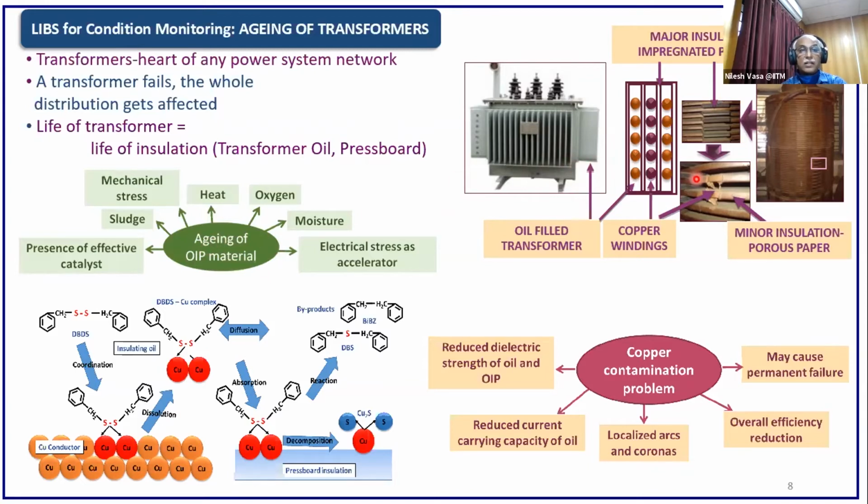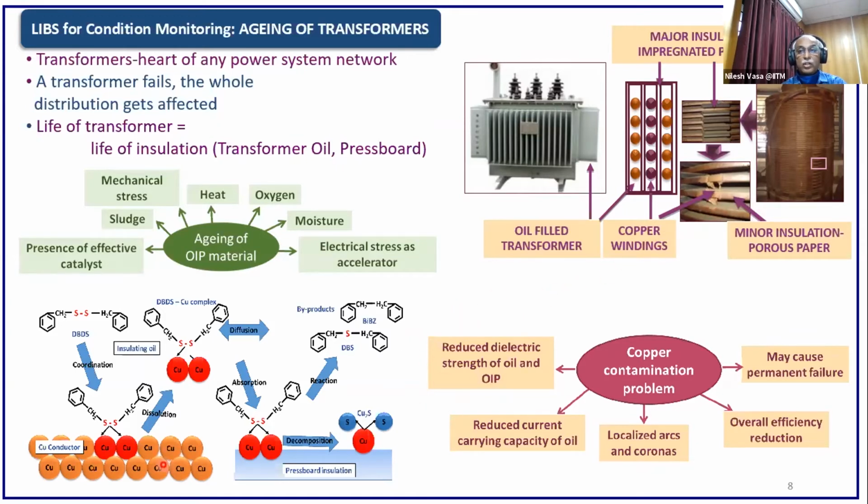Not mechanical stress, but thermal stress mainly, electrical stress, and some other corrosion effects, along with a small amount of mechanical stress. So the aging of this oil impregnated pressboard becomes a very important aspect. And how to study this process, and how to realize whether contamination is getting into this type of pressboard material or not, was the idea.